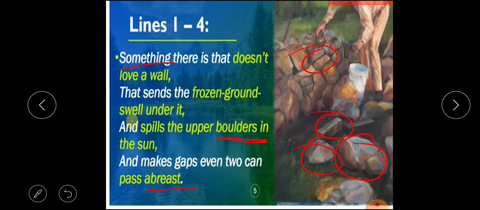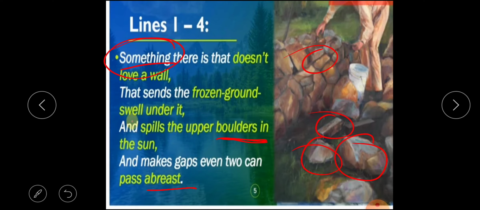In the poem Mending Wall, nature acts as a third character alongside the speaker and his neighbor, even though this is not explicitly mentioned, right. Because this something is what he is saying: something is there which does not want that there should be barriers between the properties of two neighbors, right?